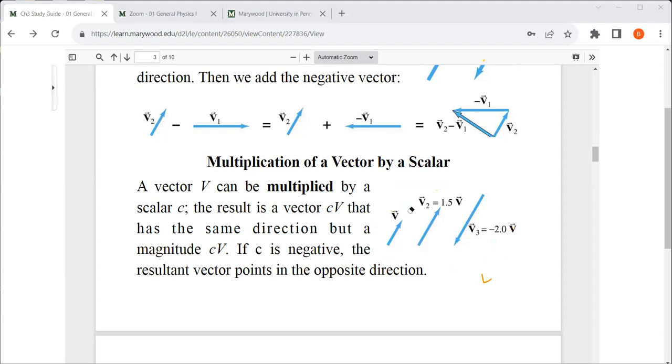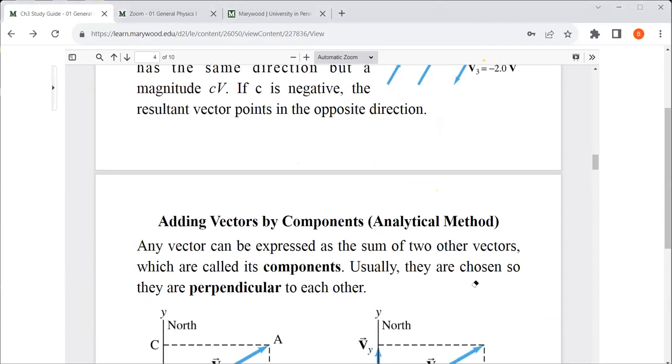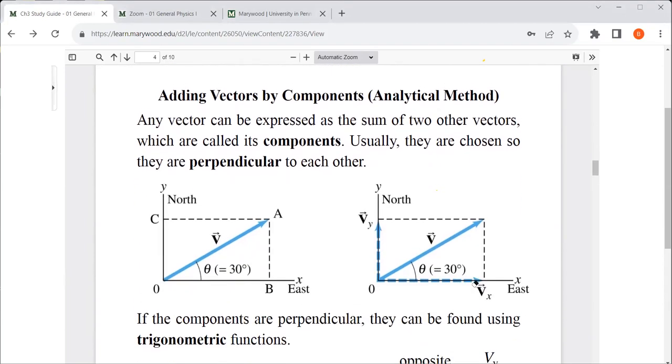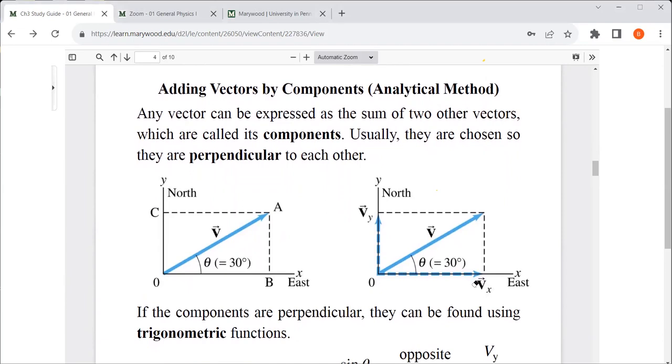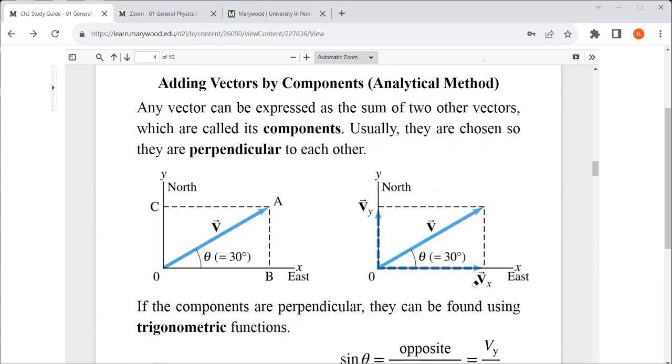If you understand so far, the next thing is the analytical method. The analytical method is very important to understand. So what is the analytical method? It says that any vector can be expressed as the sum of two vectors which are called its components.